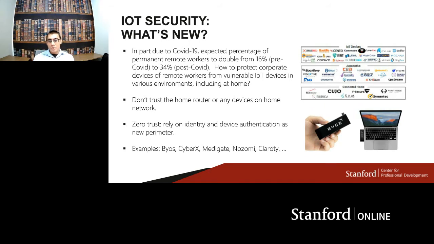So whereas the home network used to typically just be flat and any device on the network could communicate with any other device on the network, once you stick in a BIOS device in your corporate laptop, it segments it off so that nothing on your home network can even communicate. So anyhow, that's IoT security and some of the new solutions coming out, given what's been going on in the world.